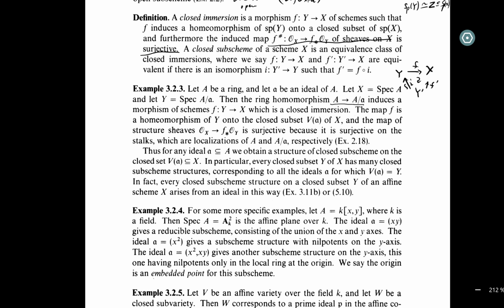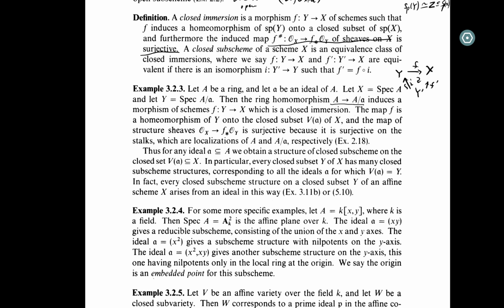Here we do not have to give a definition of how it is mapped on the structure sheaf, because we already know, from the second section of this chapter, that the category of affine schemes is categorically equivalent to the category of rings.